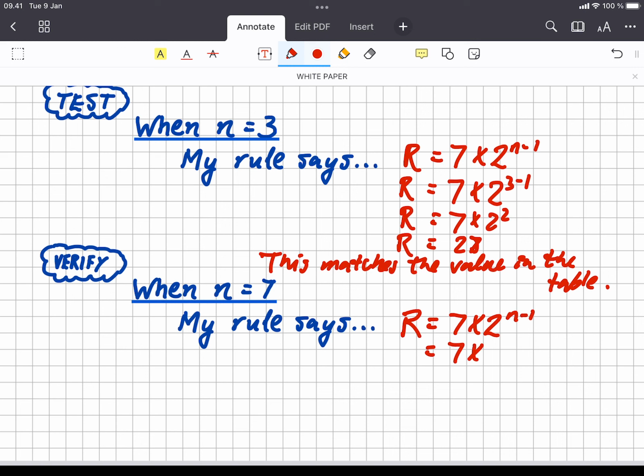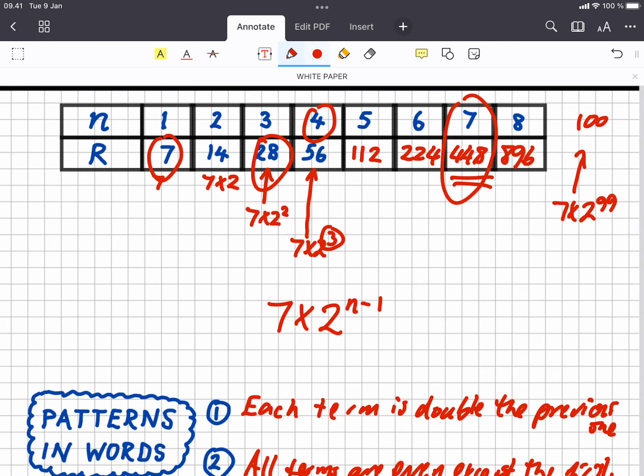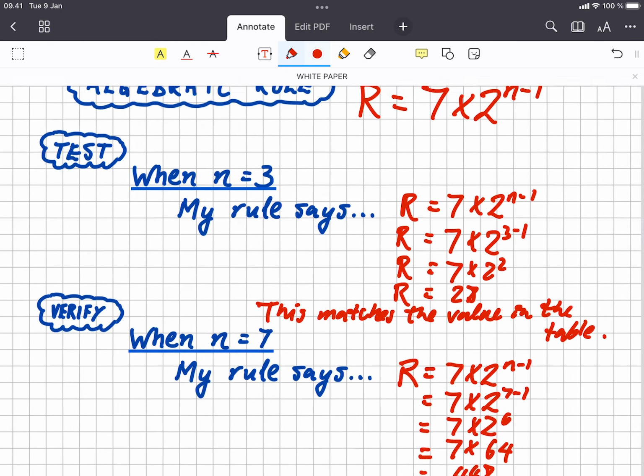So that's 7 times 2 to the power of 7 minus 1. So that's 7 times 2 to the power of 6, which is 7 times 2, 4, 8, 16, 32, 64. And 7 times 64 is 448. And lo and behold, this matches the value in the table.